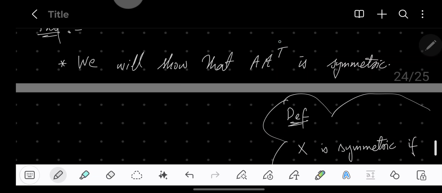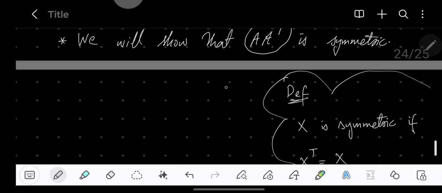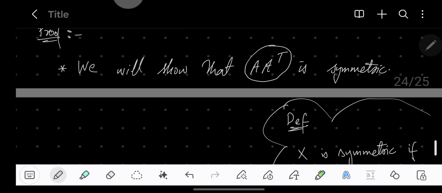So I have to prove that this is symmetric. Assume that this is X. If I want to show that this is symmetric, I will take its transpose and I expect to get the same matrix back.